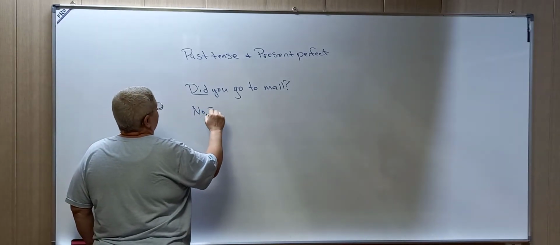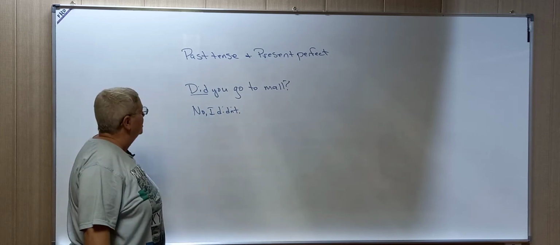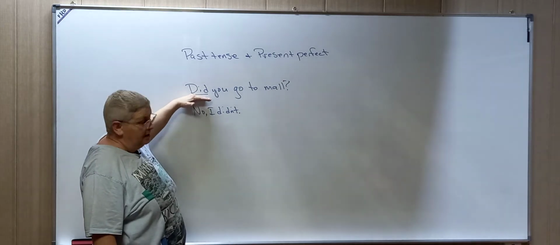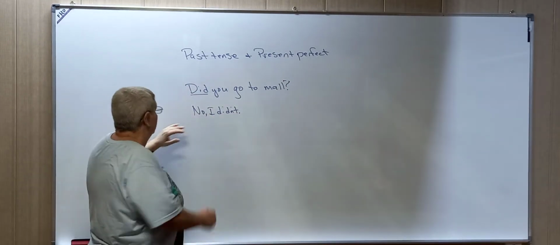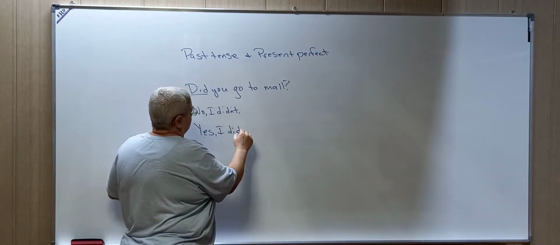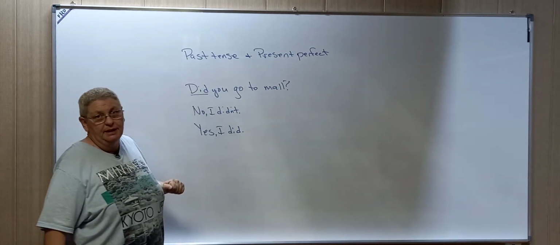No, I didn't. Okay? You're always going to answer the question the same way that it's asked. If you ask with did, you answer with did. If it's yes, I did, yes, you're still answering it with the simple past.